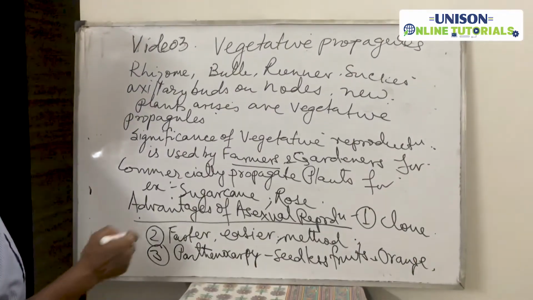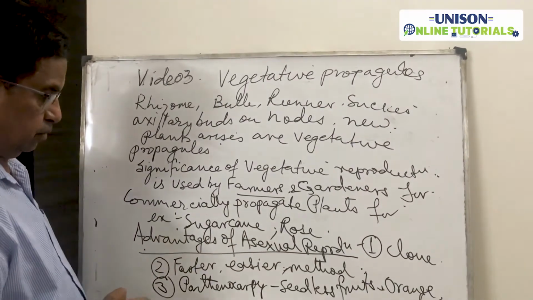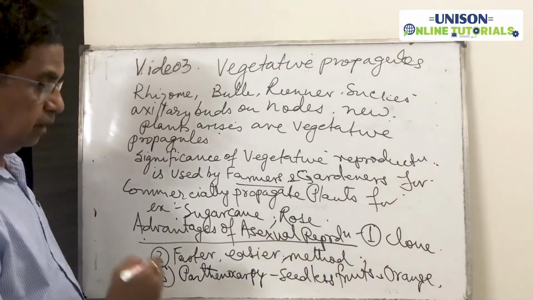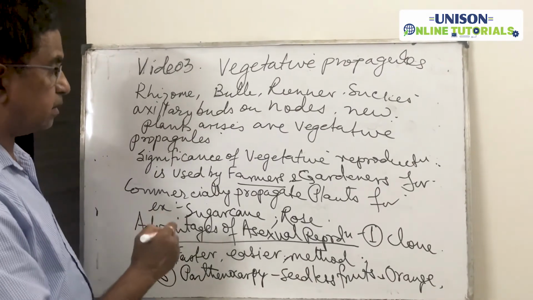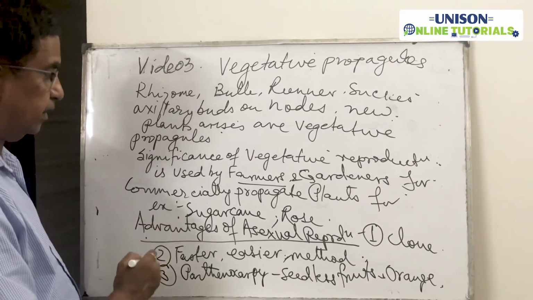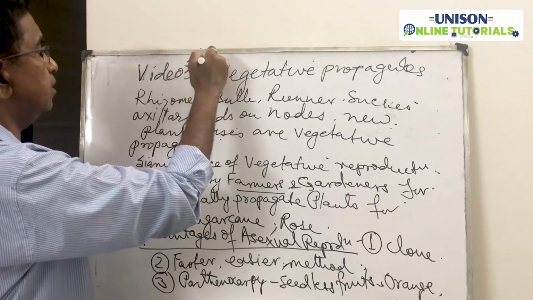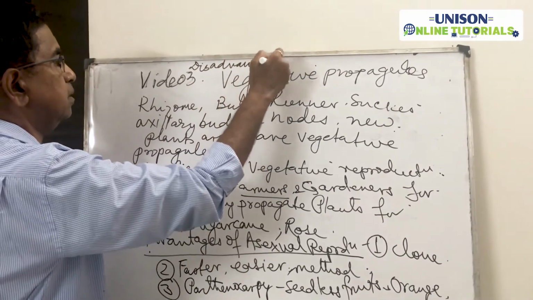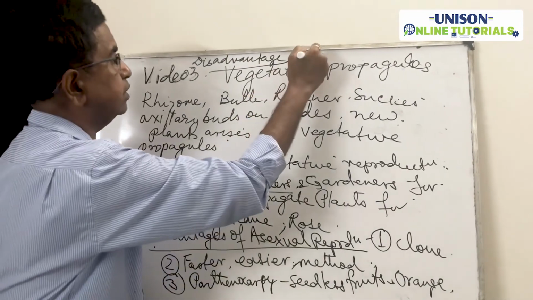Now, anything has both advantages and disadvantages. So if this is the advantage of asexual reproduction, then we'll discuss the disadvantages. The first disadvantage of asexual reproduction is no variation.